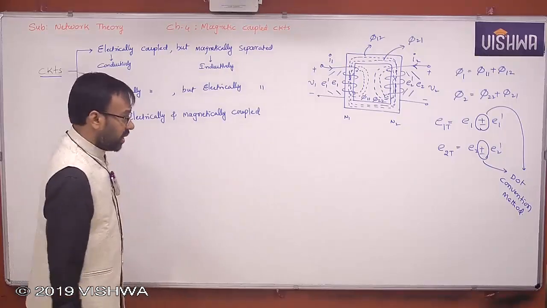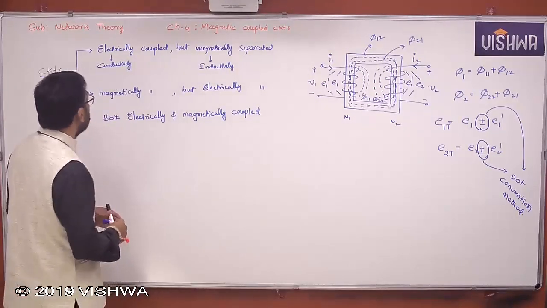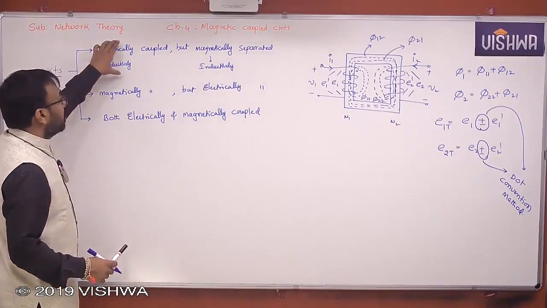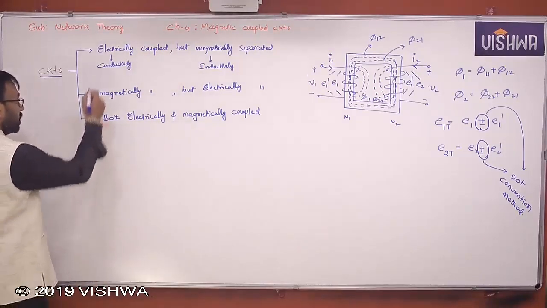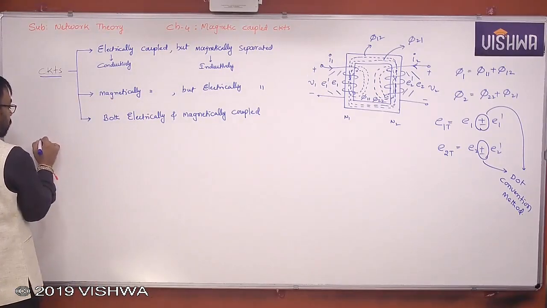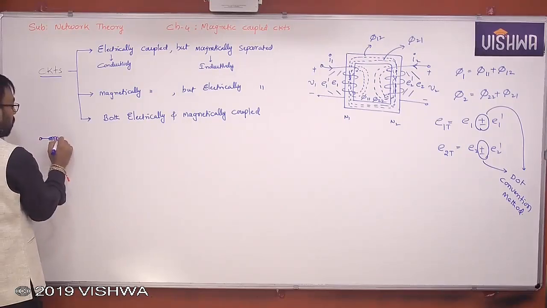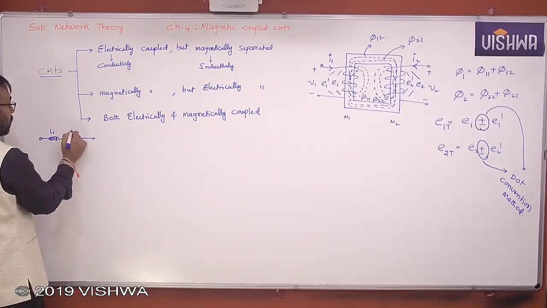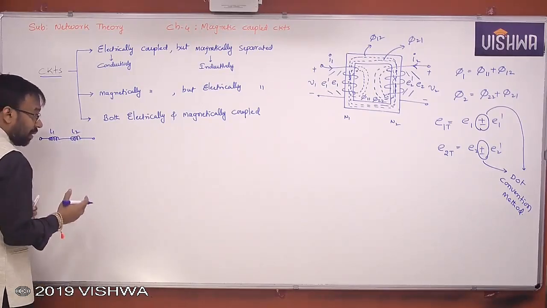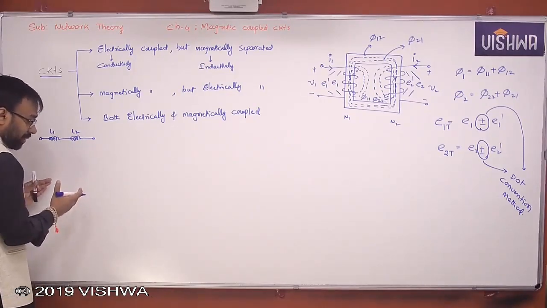So this is how you can understand electrically coupled but magnetically separated. We can give a simple example for this one. These two inductors or two coils are electrically coupled, but there is no mutual flux concept here.